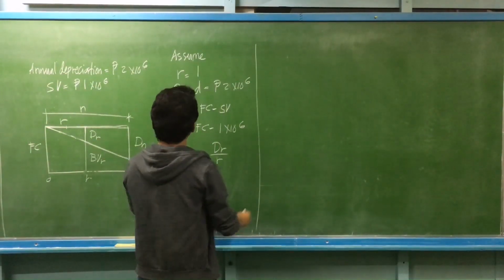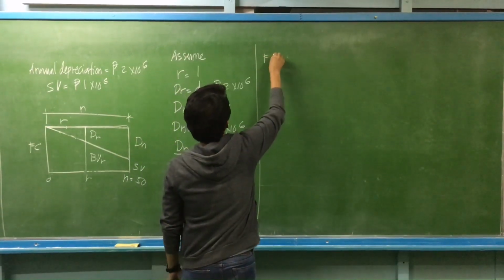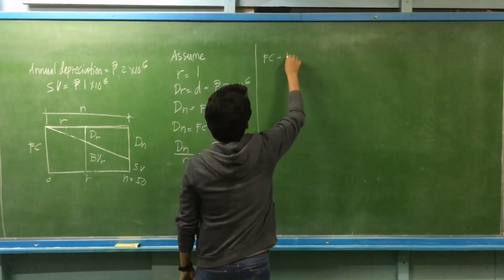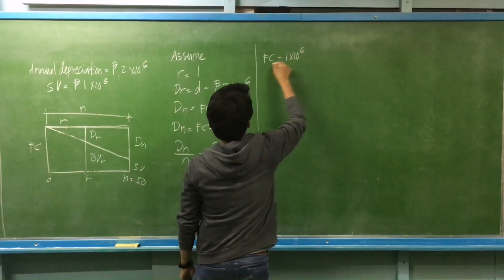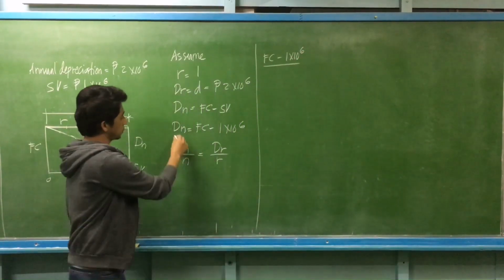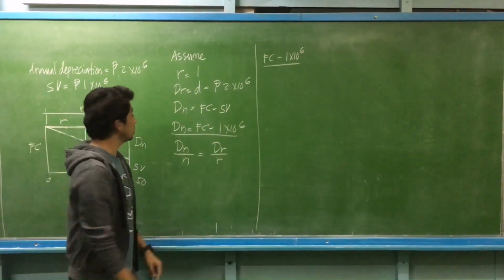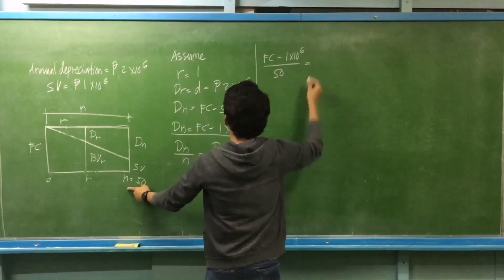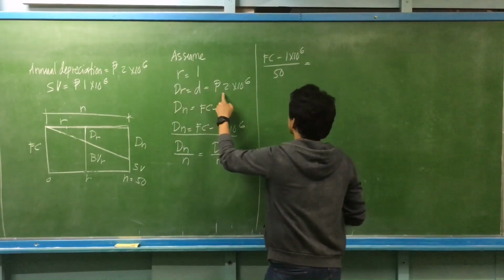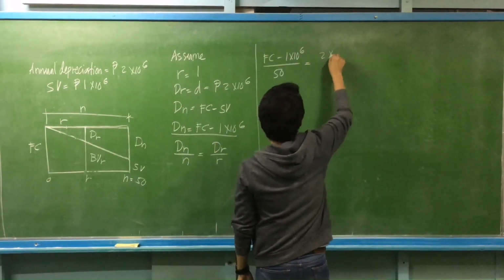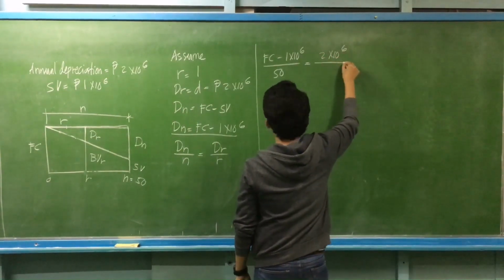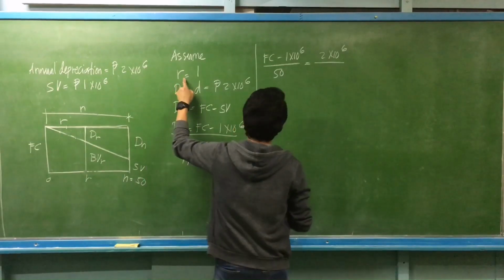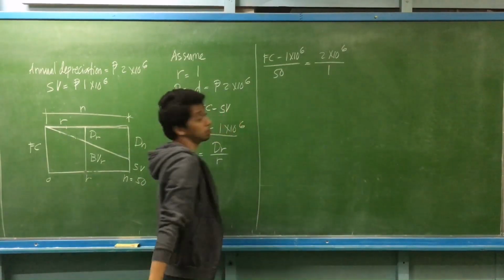So the equivalent of d sub N is first cost minus the salvage value, 1 times 10 raised to 6. That's the equivalent of d sub N, good for 50 years. Equal yun sa d sub R, that is yung annual depreciation, 2 times 10 raised to 6 kasi ang kinonsider lang natin is the first year.